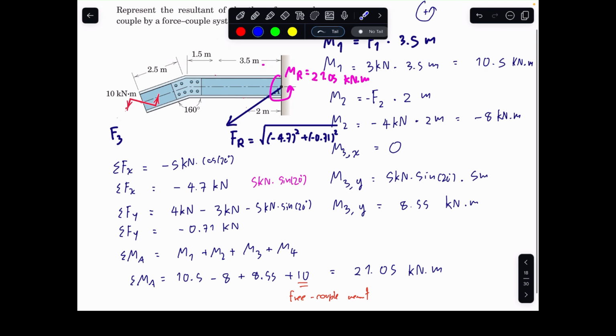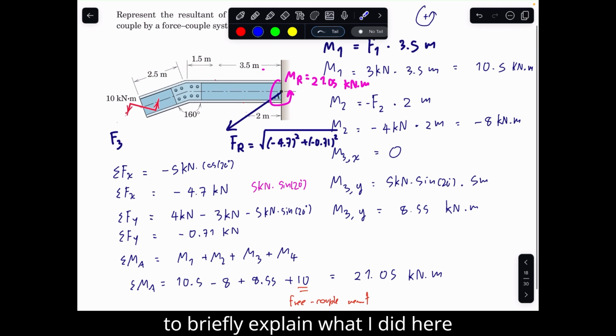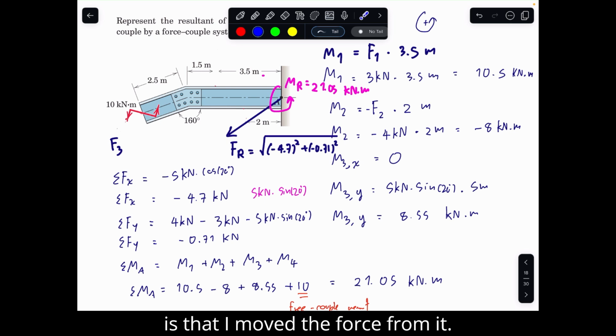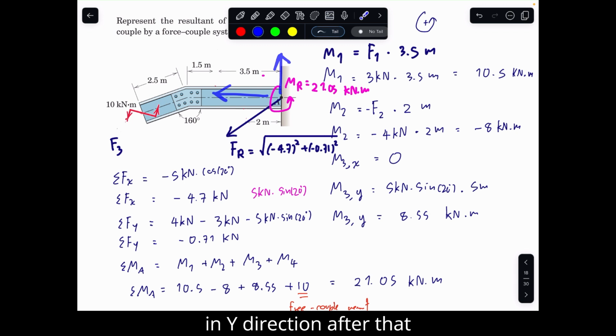To briefly explain what I did here: I moved the force from its original location to the point that the question wants. Then after that I calculated those moments from the force translation. Then I made a summation of the force in the x direction and also in the y direction. After that I made a summation of the moments M1, M2, M3 and the free couple moment M4.